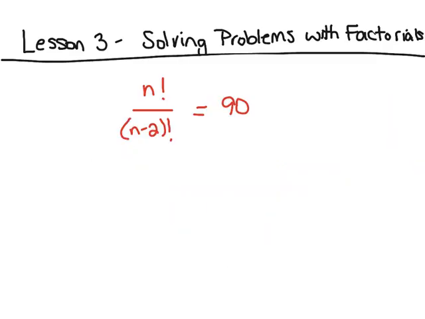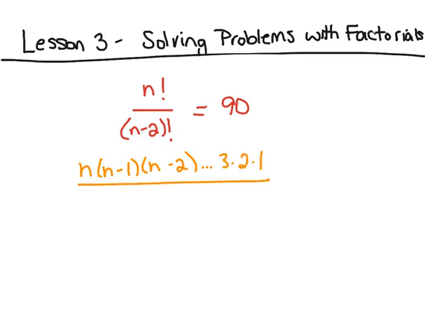For example 4, we want to solve when n factorial over n minus 2 factorial equals 90, where n is an element of the integers. So we're going to rewrite n factorial as n times n minus 1 times n minus 2, dot dot dot, 3 times 2 times 1, over n minus 2, dot dot dot, 3 times 2 times 1.